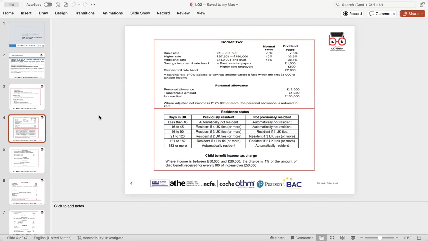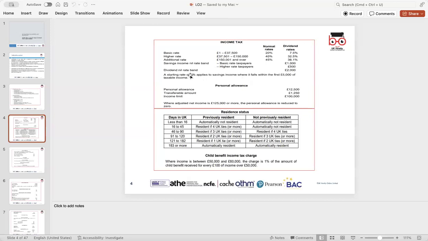For example, if you earn between £1 and £37,500, you will pay 20% income tax. But if you earn between £37,501 and £150,000, you will pay 40%. And if you earn over £150,000, you will pay 45%.